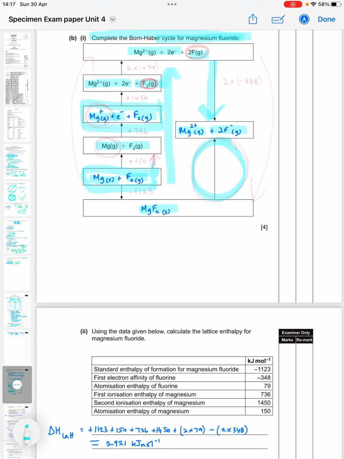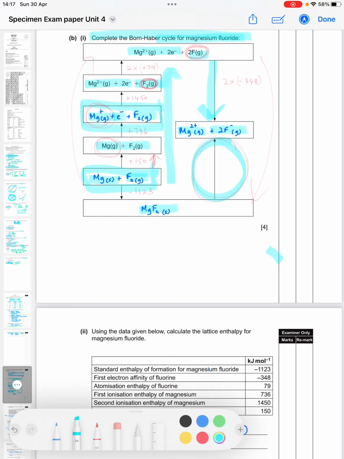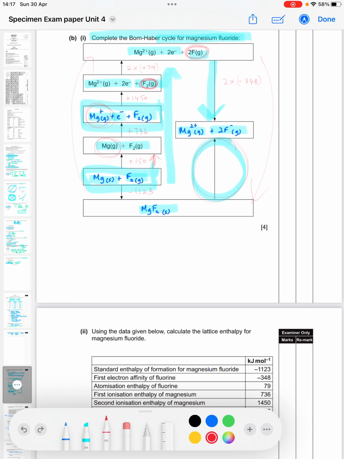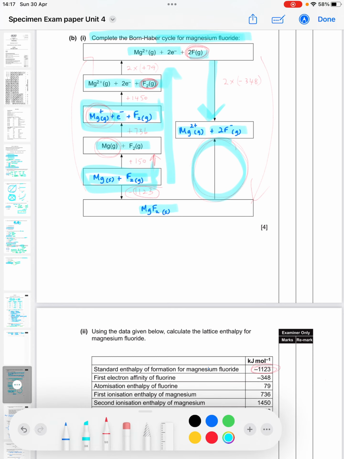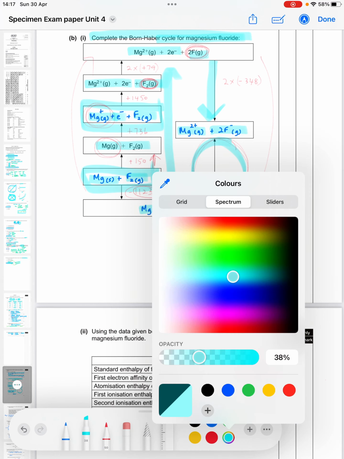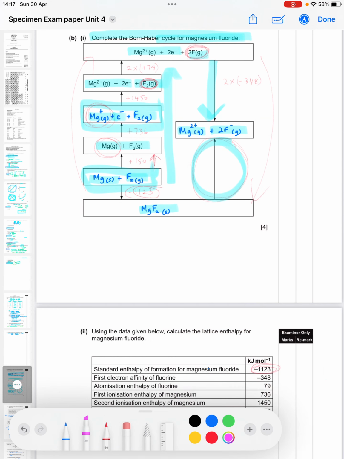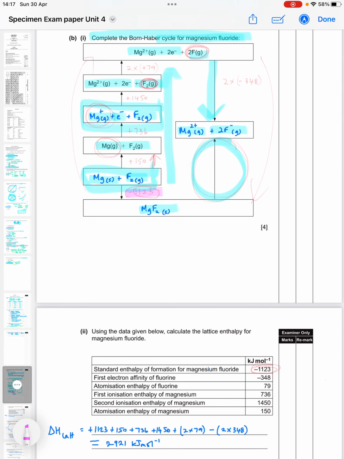So then, using the data below, calculate the lattice enthalpy for the magnesium fluoride. So I'm just going to try and keep these both there at the minute so that you can see what I'm doing. So the magnesium fluoride here, minus 1123, that corresponds to this value. I'm just going to highlight these in a different colour actually. We'll go for pink.